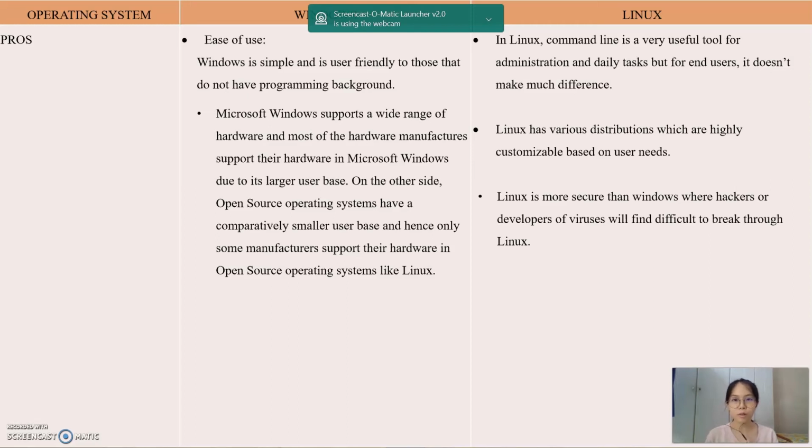Microsoft Windows also supports a wide range of hardware, and most hardware manufacturers support their hardware in Microsoft Windows due to its larger user base. On the other side, open source operating systems like Linux have a comparatively smaller user base, and hence only some manufacturers support their hardware in open source operating systems.